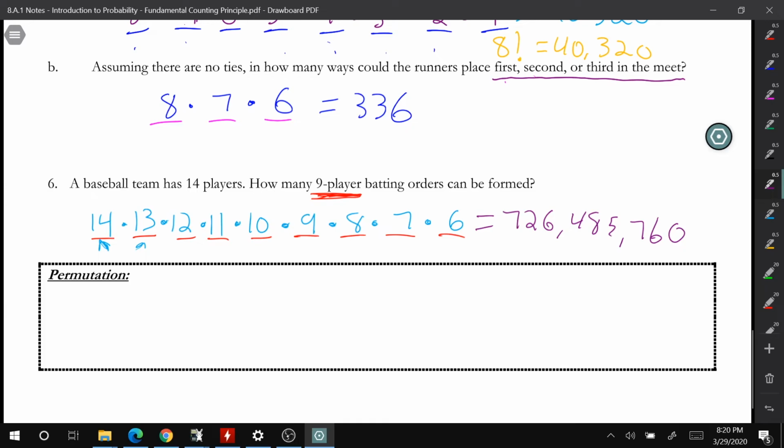So what we just did in that problem was we calculated something called a permutation.